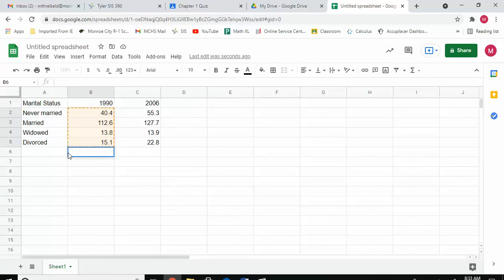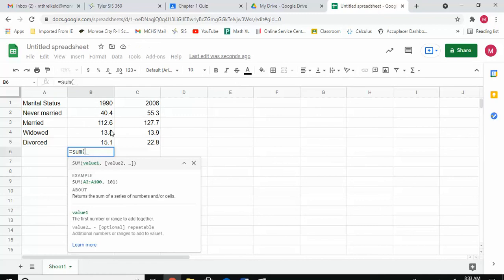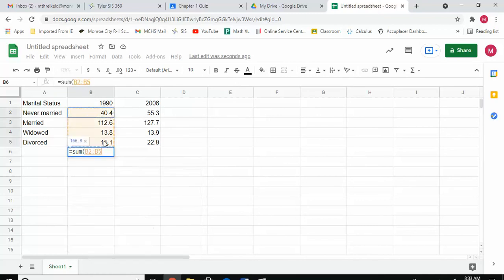So an easy way to do that, if you hit equals, I'm going to do parentheses, and then I'm going to select the ones I want to add up. I think we have to do sum, sorry. So equals sum, and then select them, and it gives me the total.